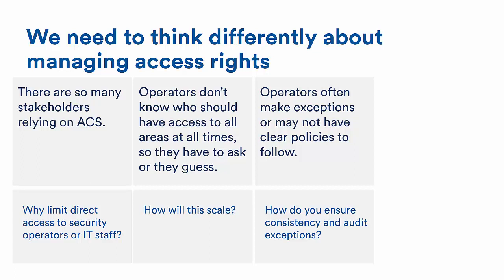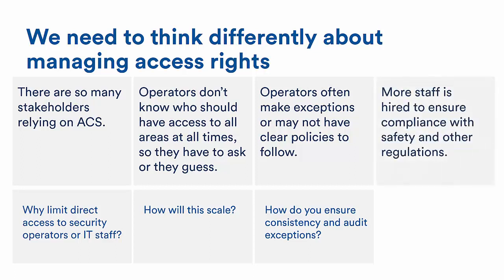An access control system will only show that an operator granted access to a secure area without explaining any of the context behind why the access was required in the first place and why it was ultimately granted. And a manual approach to managing access policies can put a strain on operations teams and draw focus from their core responsibility of protecting people and assets.